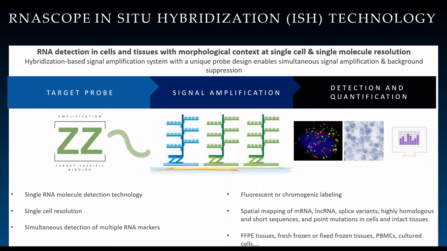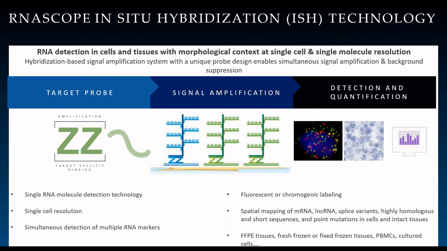The RNAscope ISH technology is unique mainly because of its target probe design strategy, signal amplification system, and detection and quantification system. ACD will design a specific target probe against the region of interest or your target gene of interest.